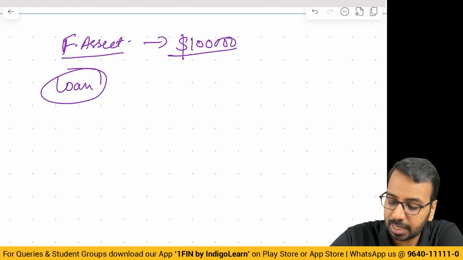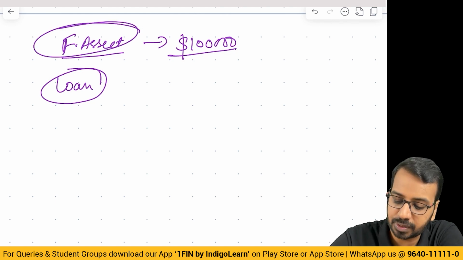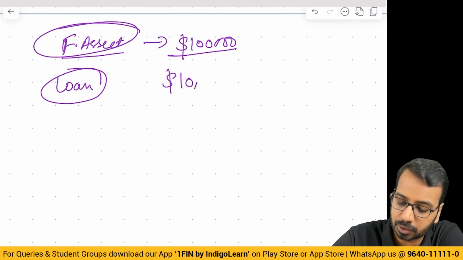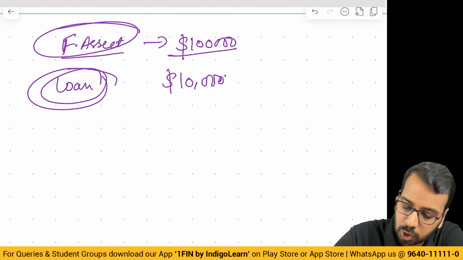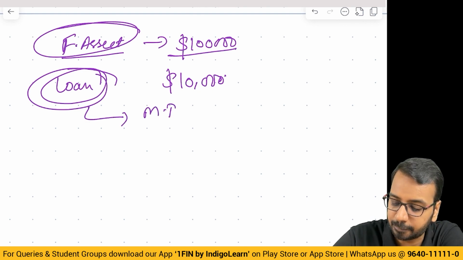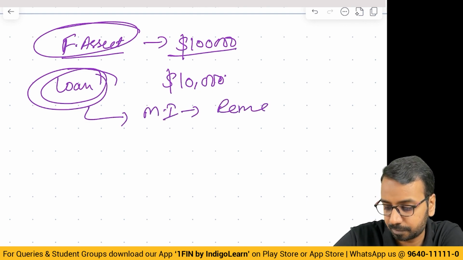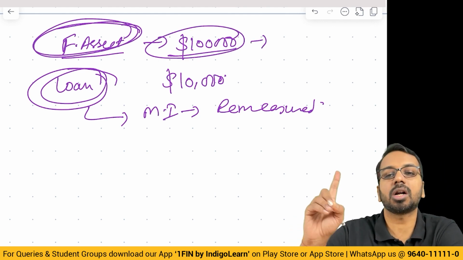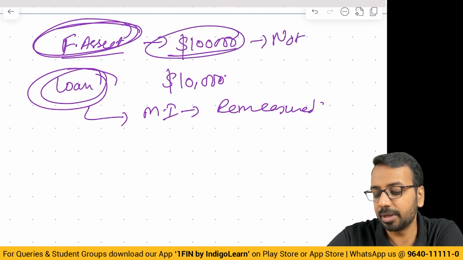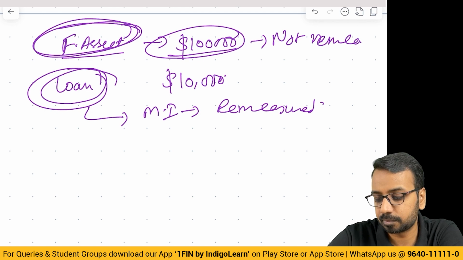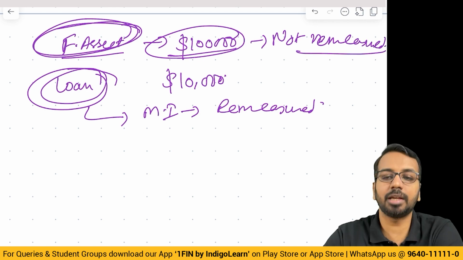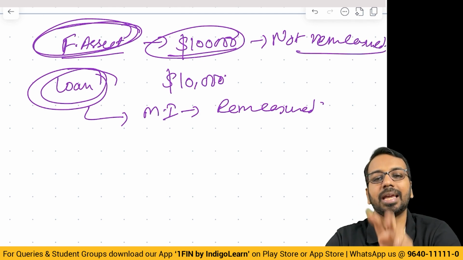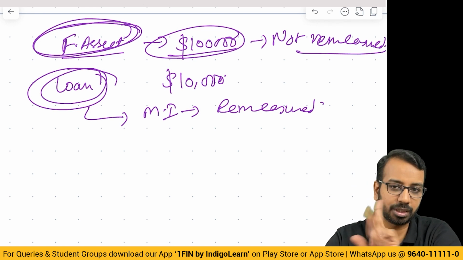I spent $10,000 to buy this fixed asset and I have taken a loan of $10,000. This loan of $10,000 is a monetary item. This has to be remeasured. This fixed asset of $10,000 is not a monetary item. This will not be remeasured. So if this is not remeasured, there is no question of getting a gain or loss on this particular item. That is one thing you have to keep in mind.